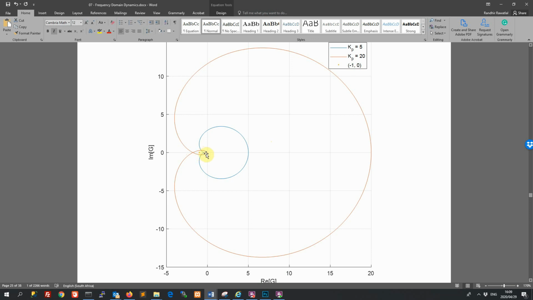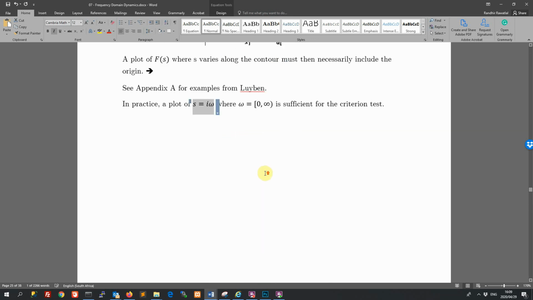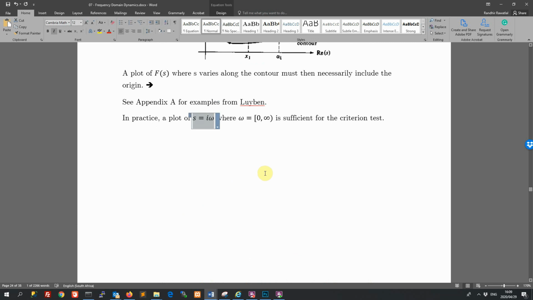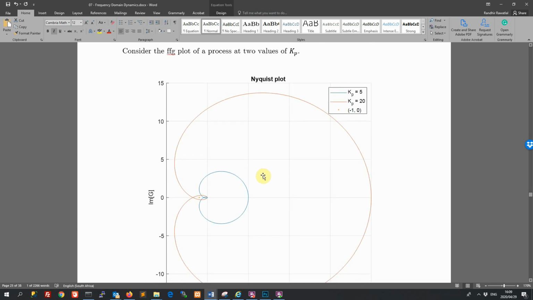However, in this case, it's actually not. You can see that -1, 0 does belong to the area encircled by this trace. So that's how you can generate your number of encirclements.